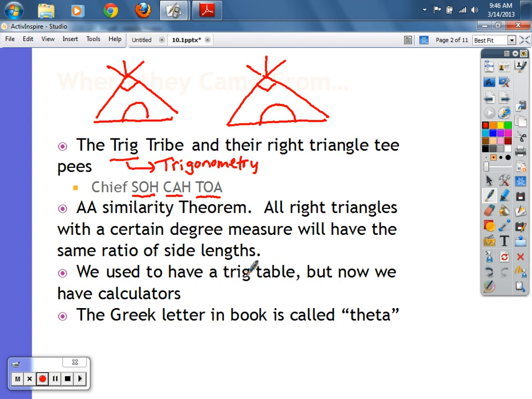So basically they figured out what this ratio is, and we used to have something called trig tables, which I'm going to show you on the next page, but now all those values are stored into calculators. But this is the way that we have that ratio of the lengths of the sides in a place where you can access it more easily. Okay? A lot of times when you're dealing with trigonometry, we use a Greek letter called theta, and it looks kind of like this. Some people write it like this. Some people write it like this. I don't care what you do.